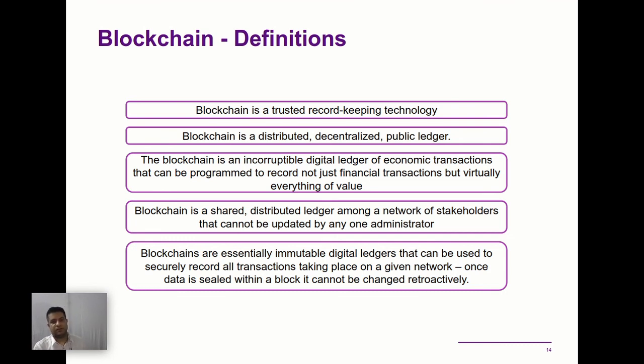Another definition that one would find is that blockchain is a distributed, decentralized public ledger. What distributed or decentralized means is something we will get to. But one of the things that needs to be understood is that blockchains ensure that data is not stolen or damaged.